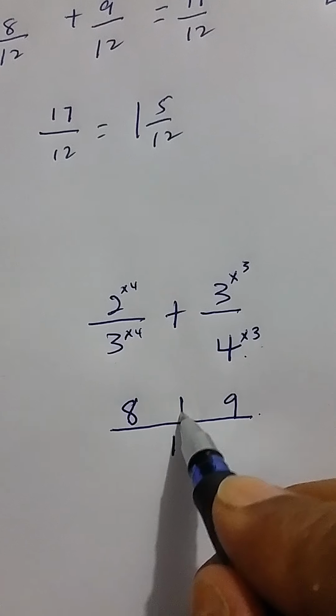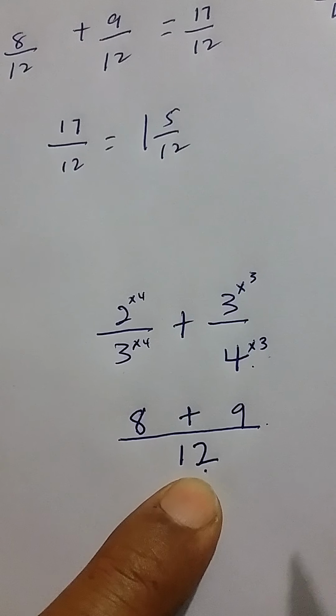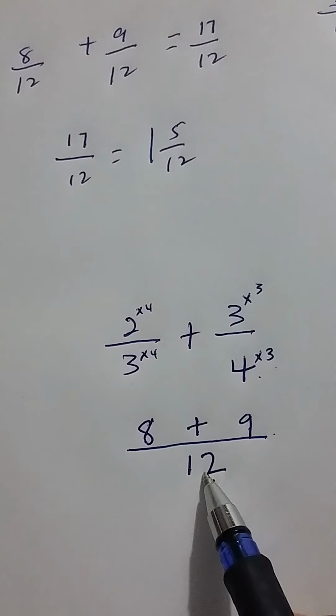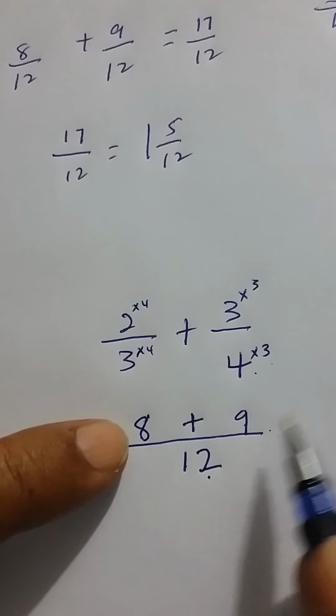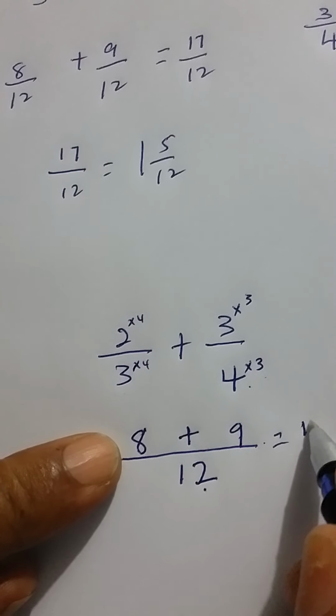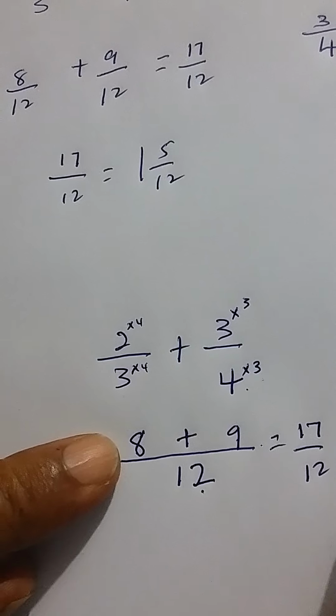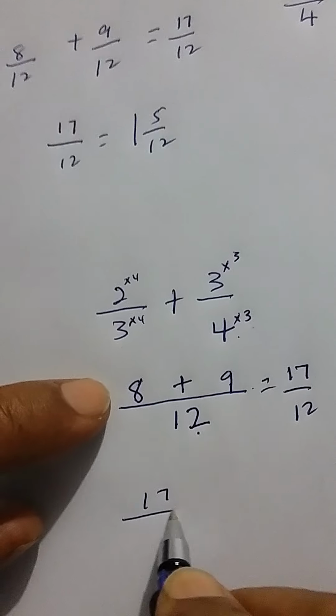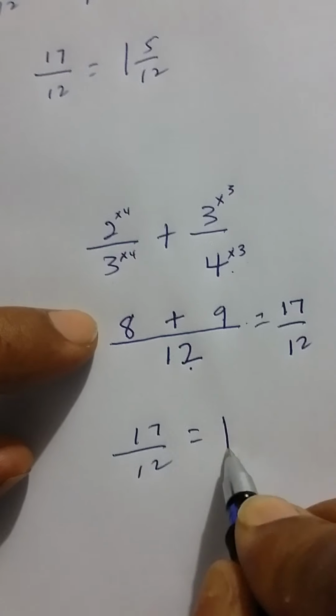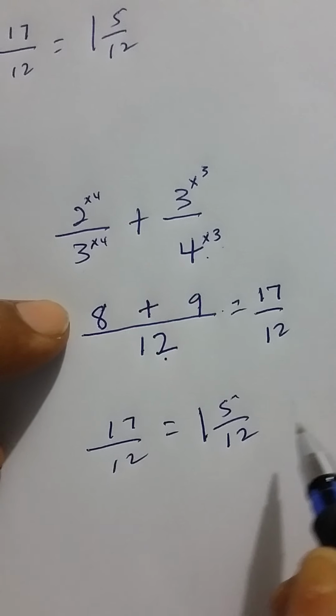Okay? And what would we have? We'd have 8/12 and 9/12. And 8 add 9 would give us 17/12. And 17 twelfths is the same as 1 whole and 5 twelfths.